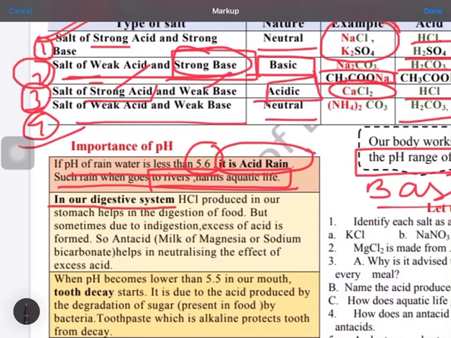In our digestive system, we are having acidic pH because HCl is produced in our stomach, which is helping in the digestion of food. But sometimes due to indigestion, excess of acid is formed, and because of that we feel burning in our stomach. And to neutralize that, we have to take some base, which is called an antacid.